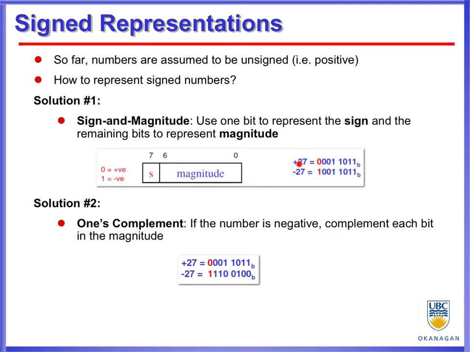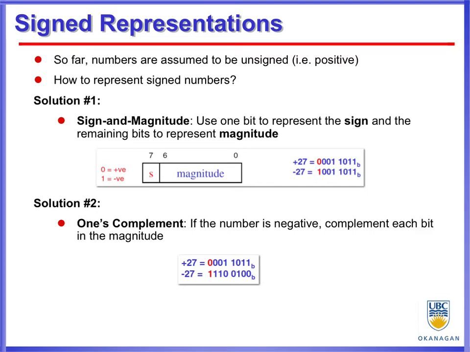And since this is supposed to be positive 27, we make it 0. Negative 27 will be the exact same bit pattern. The magnitude bits are still the same. They correspond to 27. But we just make the sign bit a 1, indicating it's a negative number. Okay, so very, very simple and easy to implement. We'll talk about why it's not so good in a little bit.